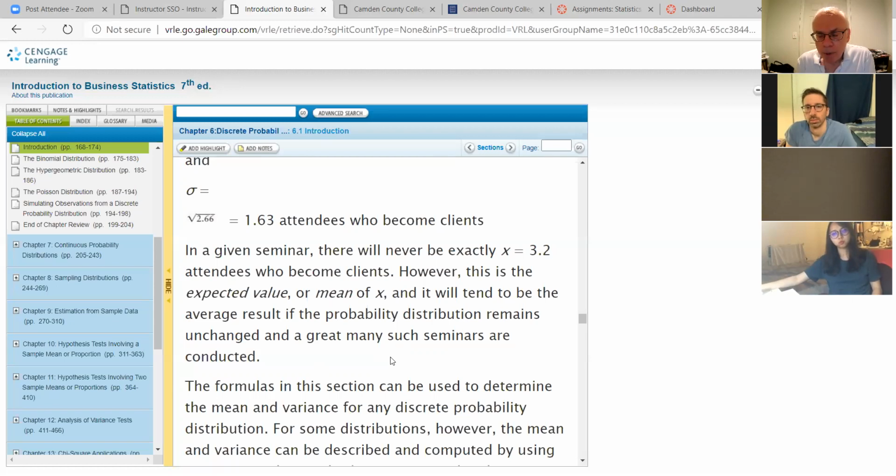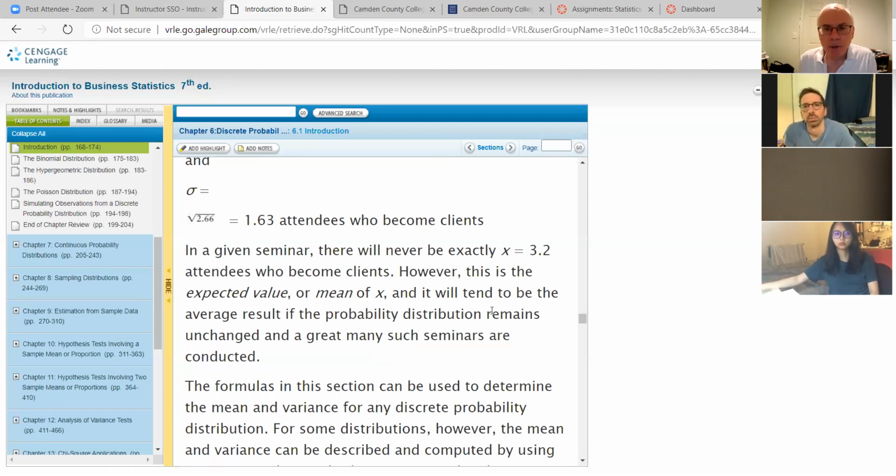Don't you think it's worthwhile knowing, on average, how many clients you get out of the seminar? And then you can come up with some calculations that tell you whether the benefit is worth the cost.